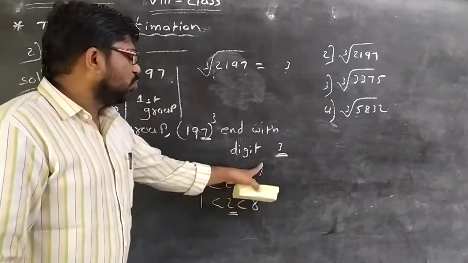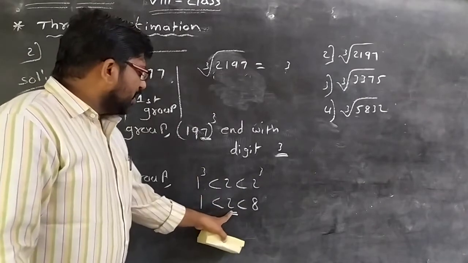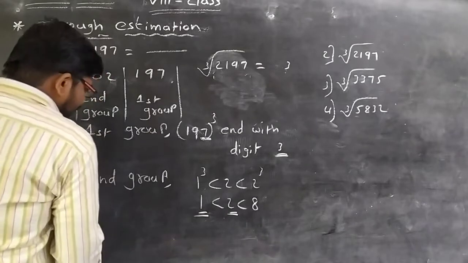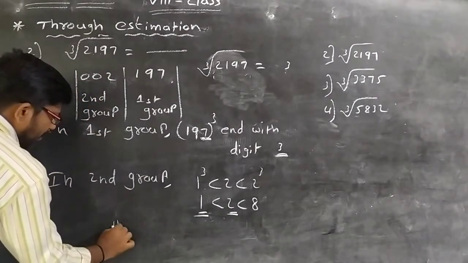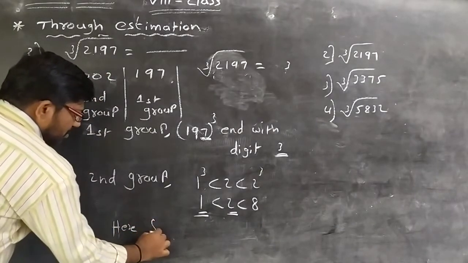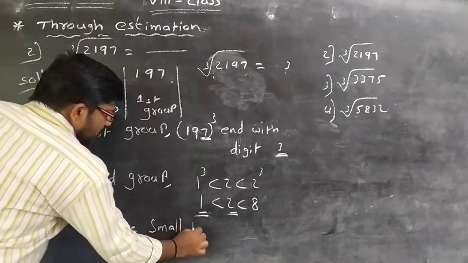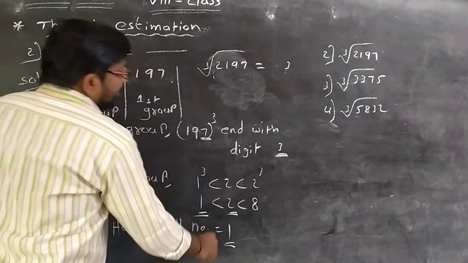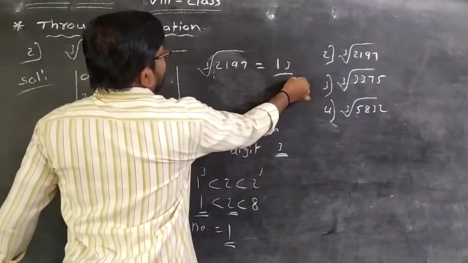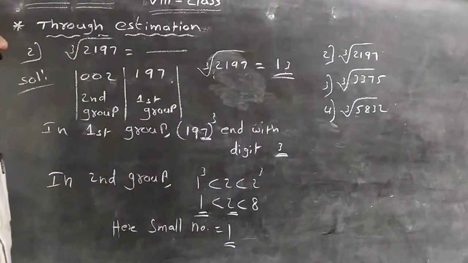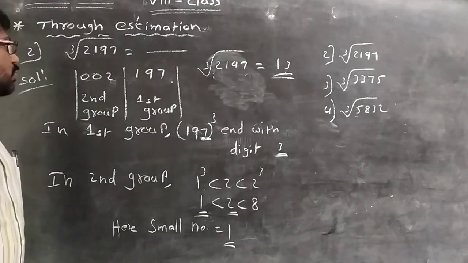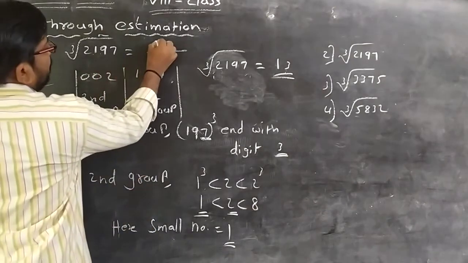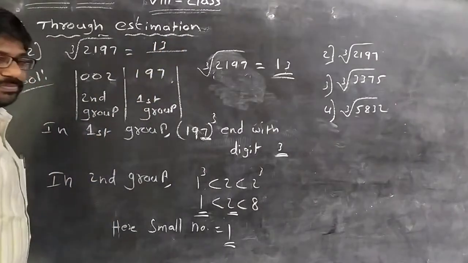The smallest number here is 1, so this comes in the tens place, right? 13 is the answer. The cube root of 2197 is 13. Okay.